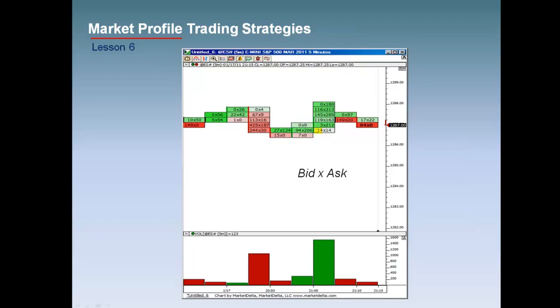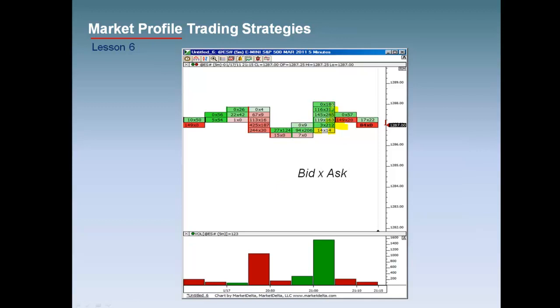On the left-hand side is the number of contracts that were transacted at the bid. On the right-hand side is the number of contracts that were transacted at the ask. So at each of these price levels, I have X-ray vision.